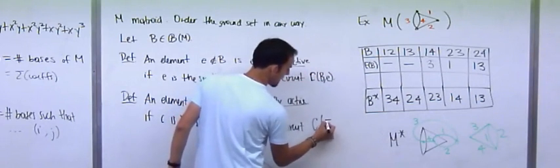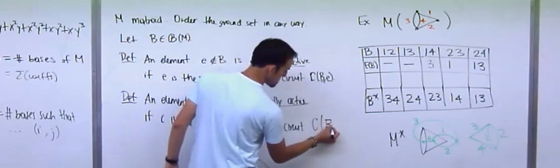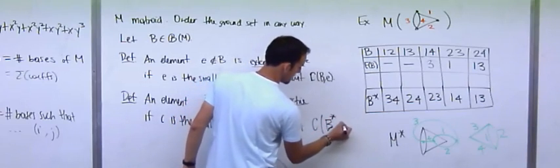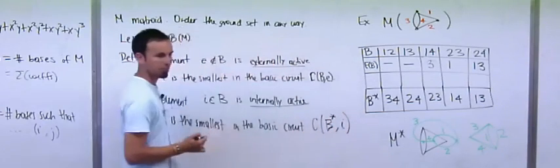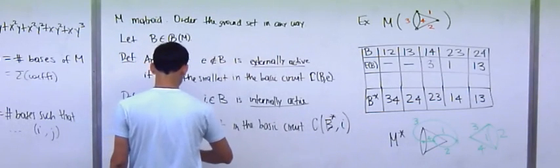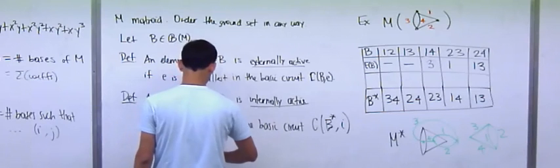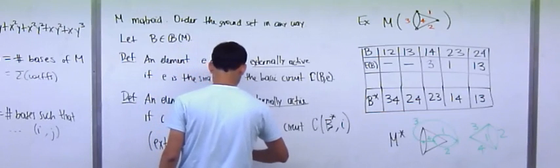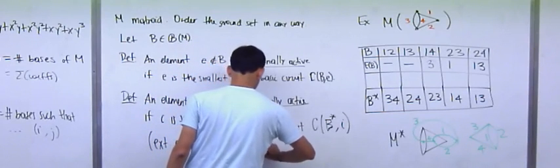So instead of B, I have B star, comma, i. In other words, it is externally active for the dual basis. Okay?